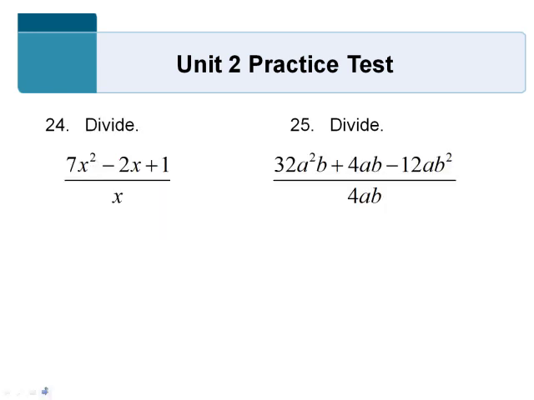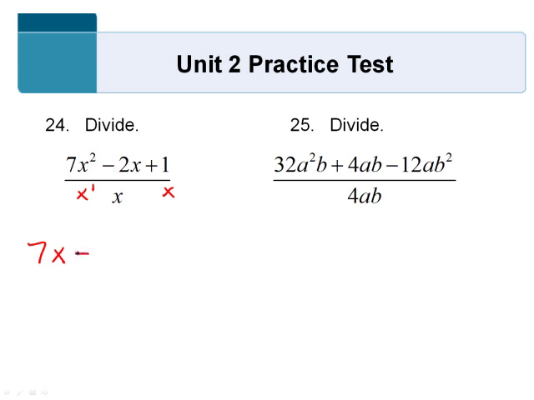All right, number 24. And on these, I'm just going to be lazy and just put the x up underneath because it's underneath each term now. So we're going to divide 7x squared divided by x. Remember, subtract your exponents, so that's just going to be 7x. Okay?